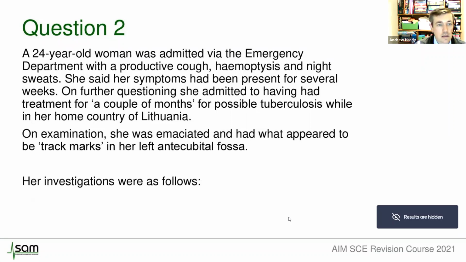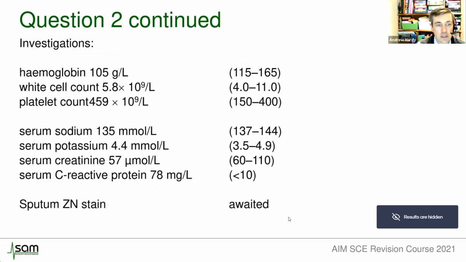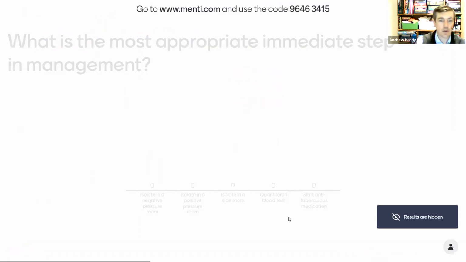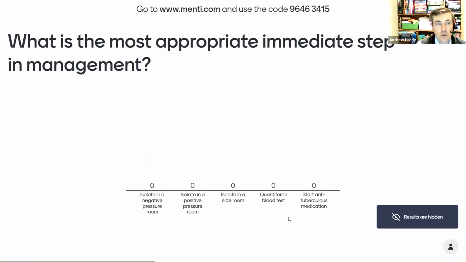These are her initial investigations. Alison's just putting that information in the chat. So what's the most appropriate initial management?